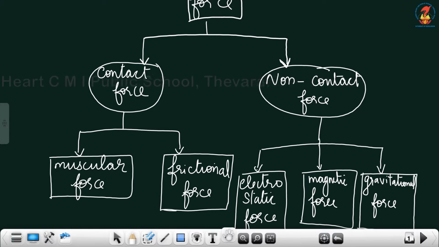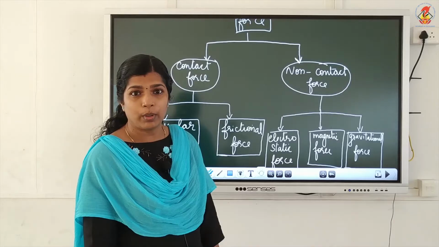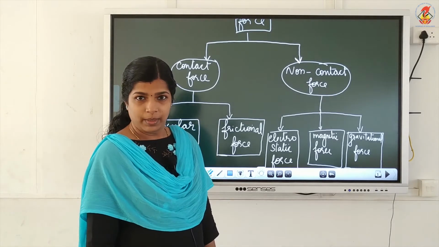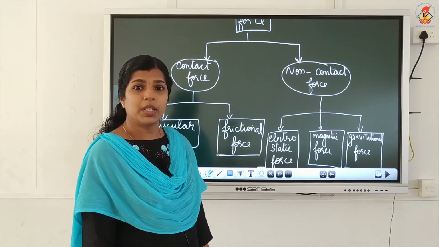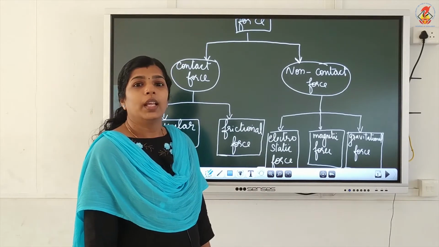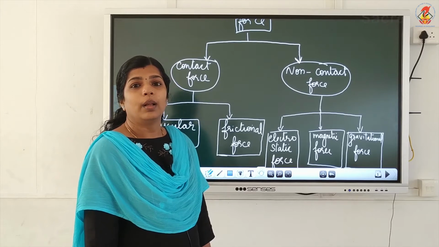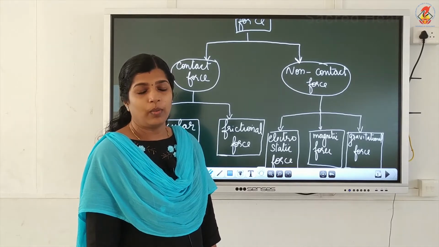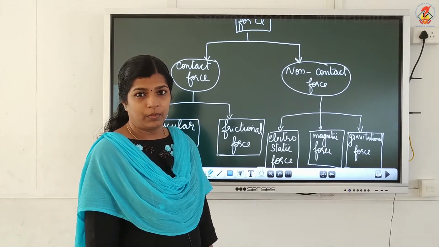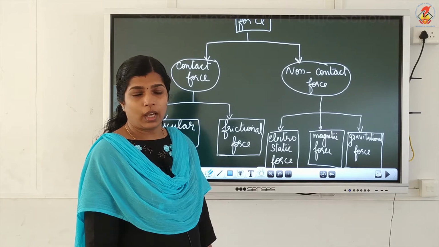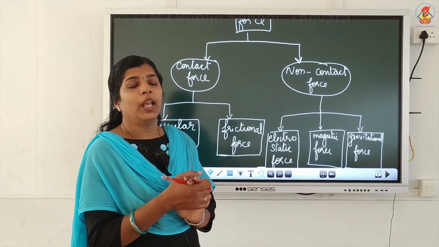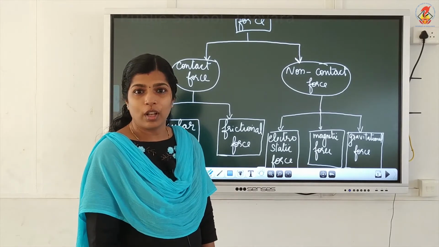Muscular force means the force exerted by the muscles of our body or the muscles of animals. Frictional force is a force between two objects when one object tries to move over the other. There will be a force between the two surfaces of contact, and that force is known as frictional force.